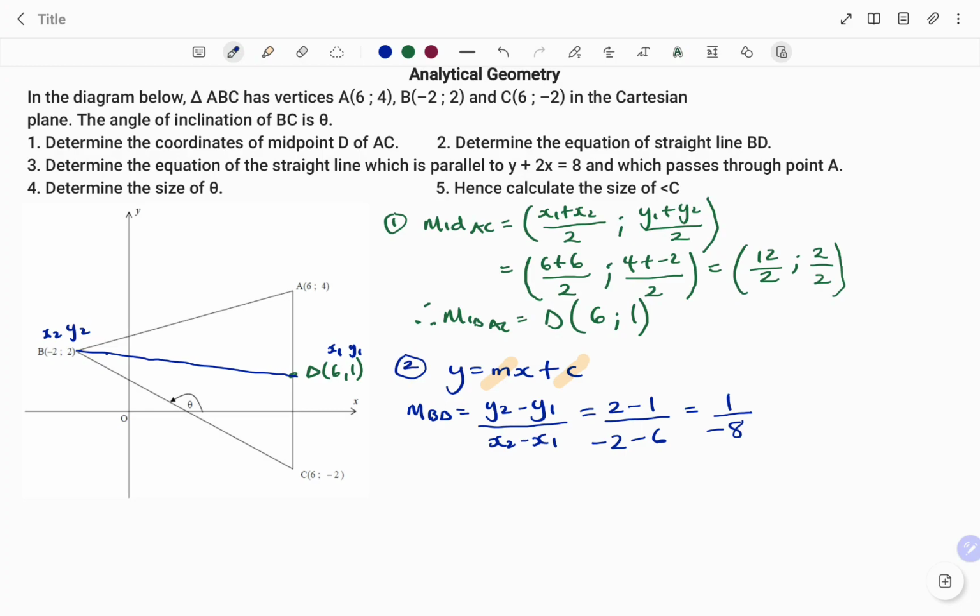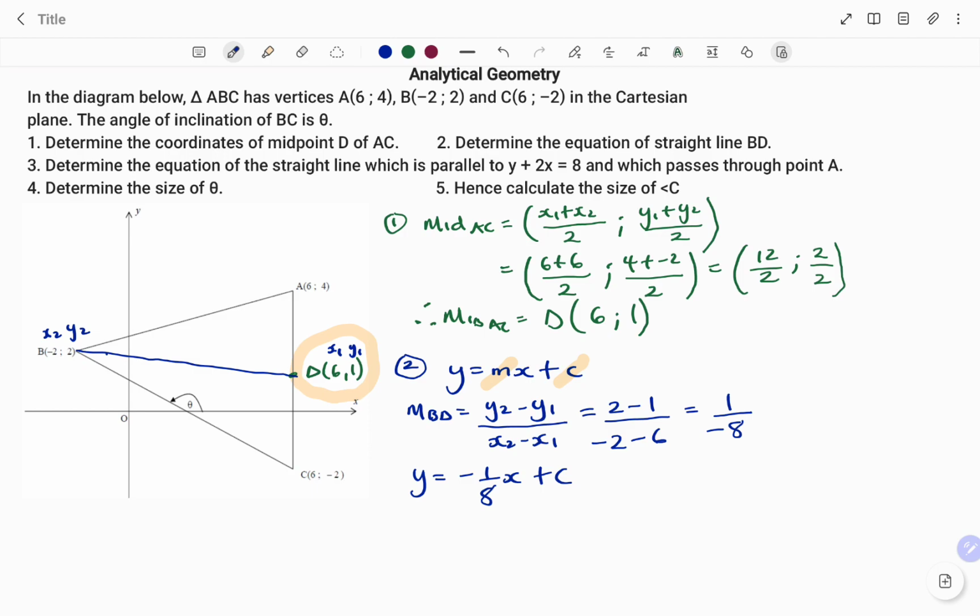To find the point of intersection, if I rewrite my formula, that's y equals negative 1 over 8 x plus c. I'm going to pick one of the points to use. In this case, I'm going to pick the point D. Slotting that back into my formula, note that if I pick the point B, I'm going to get the same value for c, but I'm using point D for this illustration.